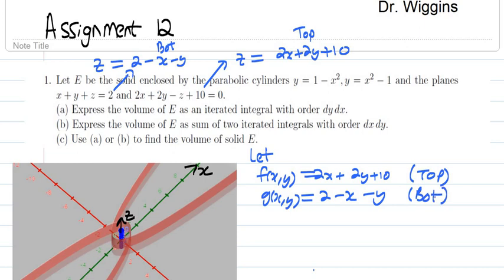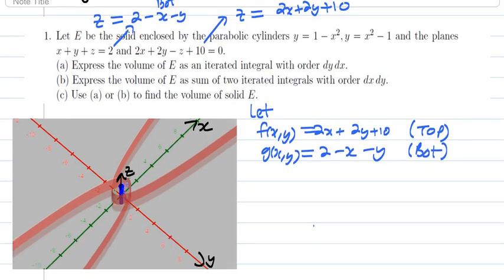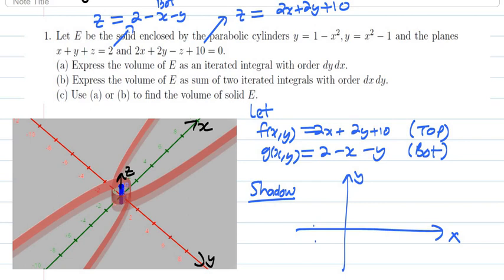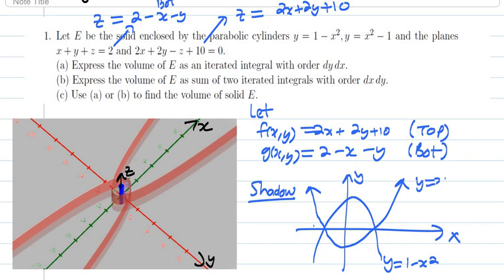Now we are interested in what happens if we take the solid E and project it to the xy plane. So let's make a heading. Let's call it the shadow. If we look at the shadow in the xy plane, you can see it lies between these two parabolas. One is y equals 1 minus x squared. The other parabola is y equals x squared minus 1.